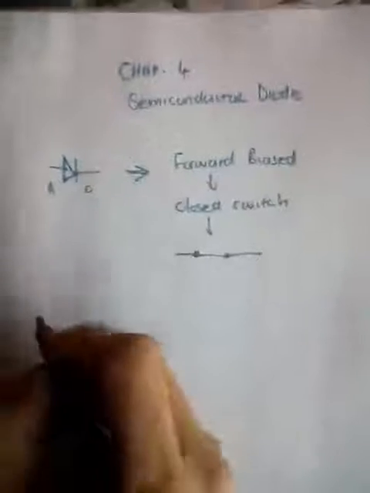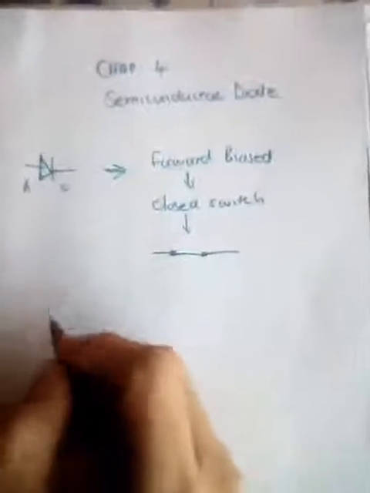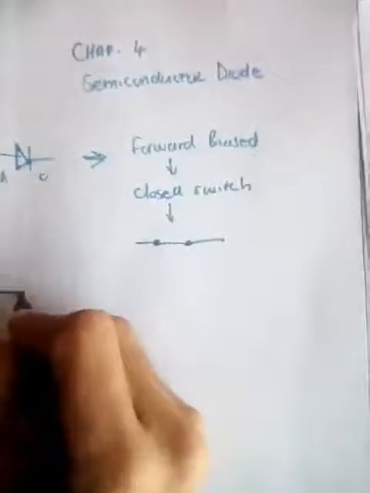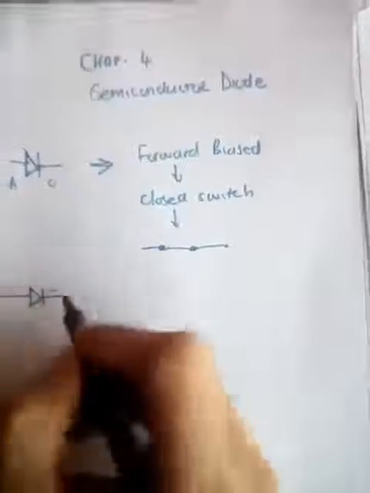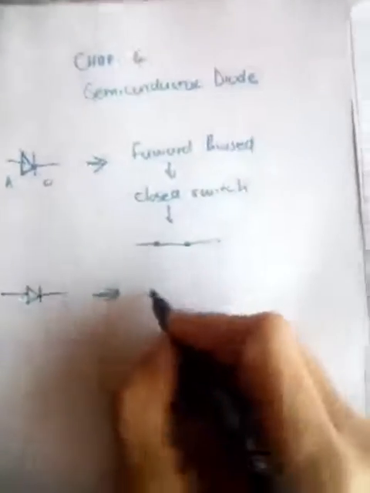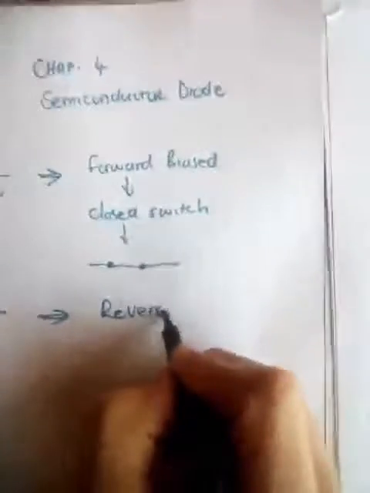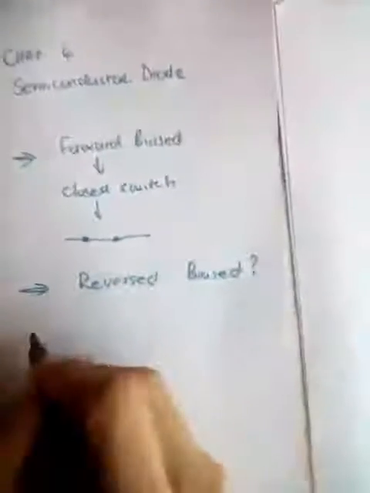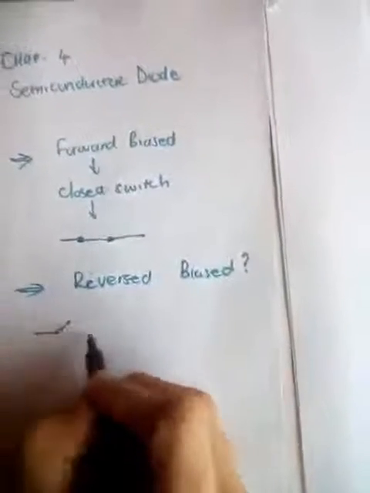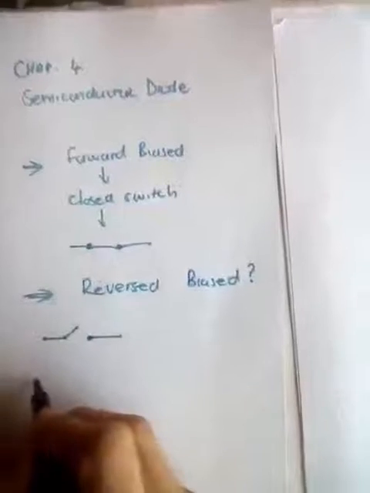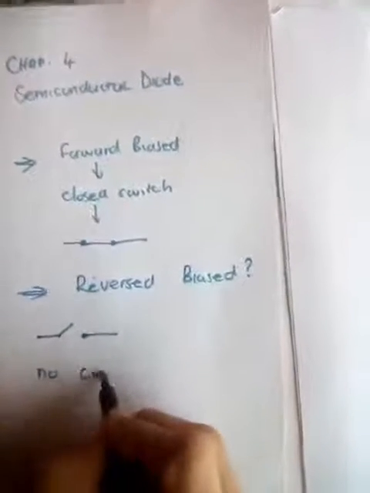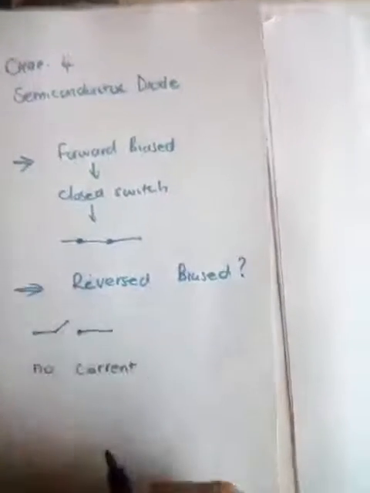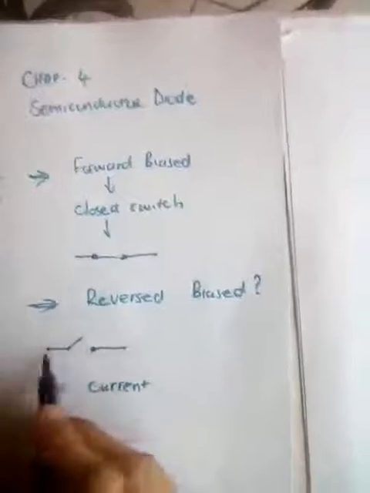Then you must know that when this same diode is reverse biased, what then? Then it acts like an open switch, meaning no current. Obviously, it's open, no current will flow through.